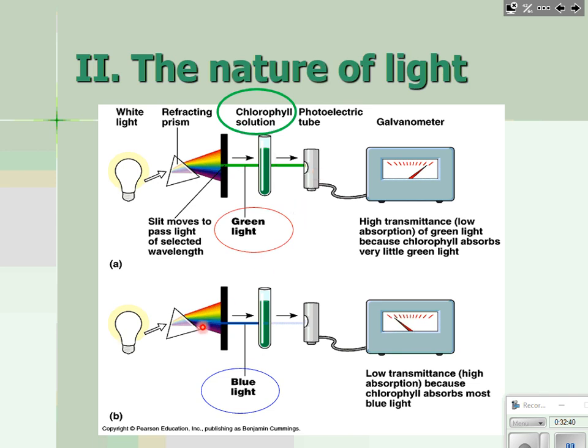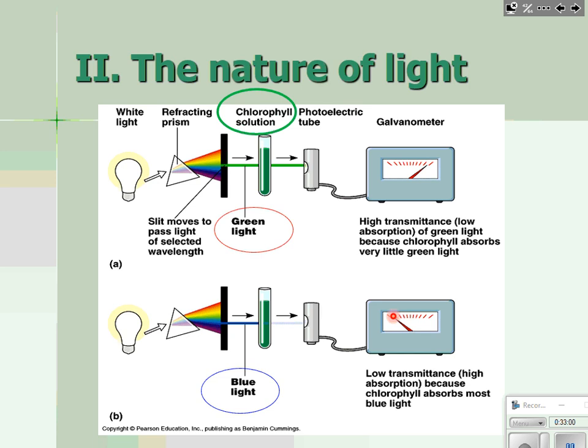On the other hand, if we change the color of the light beam to blue light, much of that blue light energy is going to be absorbed by the chlorophyll. It's not going to pass through the sample, and therefore it's not going to strike this sensor. This is a light sensor.